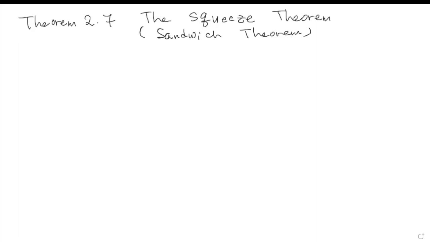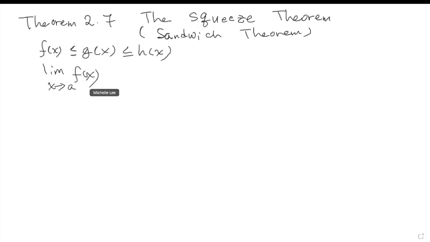So let me write down a function like this. Then take the limit as x approaches a, f of x goes to L. And also we have the limit of h of x as x approaches a, which goes to L as well, okay?